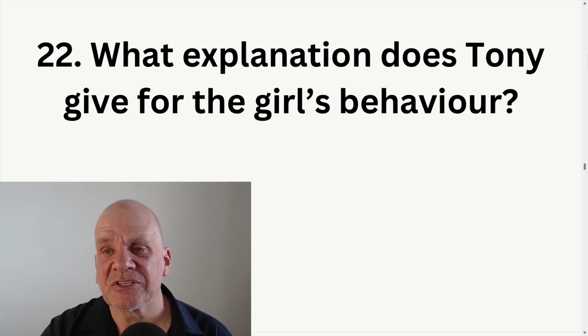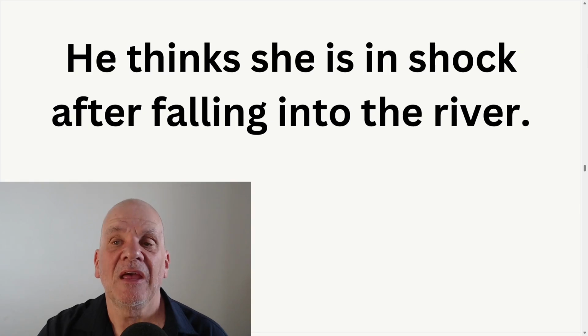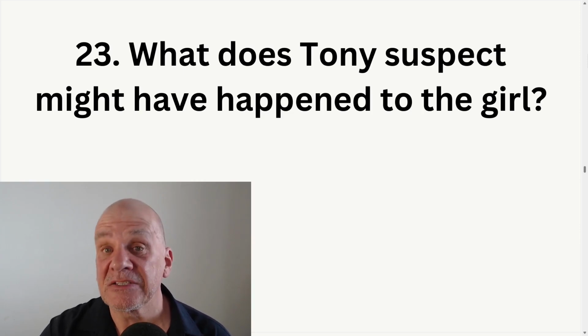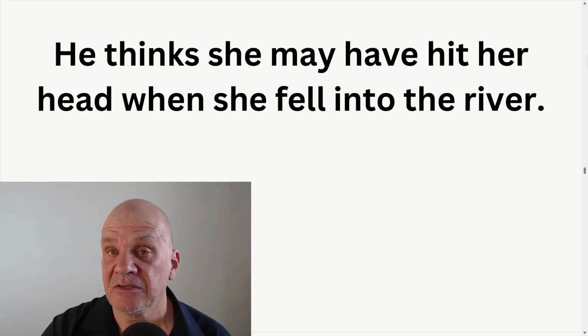What explanation does Tony give for the girl's behaviour? He thinks she is in shock after falling into the river. 23. What does Tony suspect might have happened to the girl? He thinks she may have hit her head when she fell into the river.